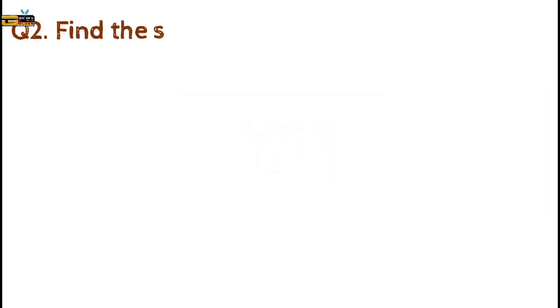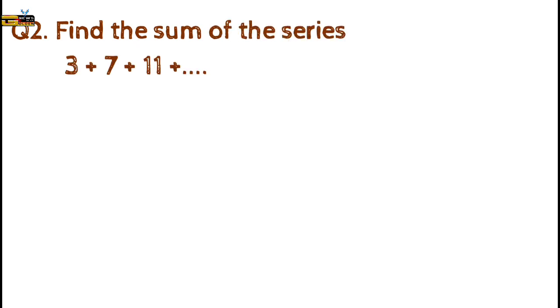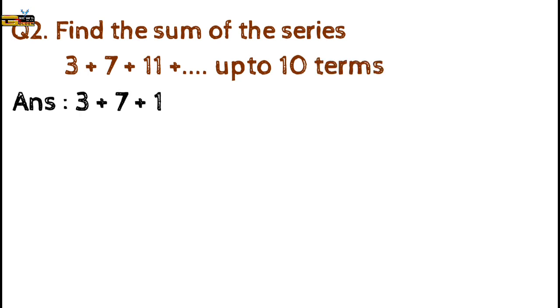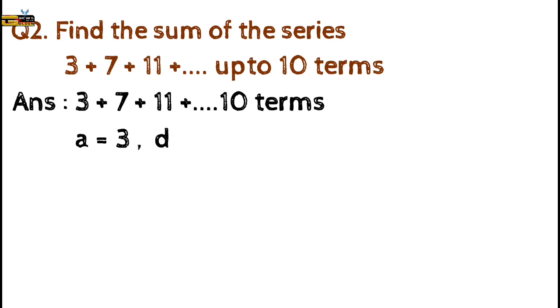The second problem is to find the sum of the series 3 plus 7 plus 11 and so on up to 10 terms. The first term A equals 3, the common difference D equals 7 minus 3, which is 4, and the number of terms n equals 10.